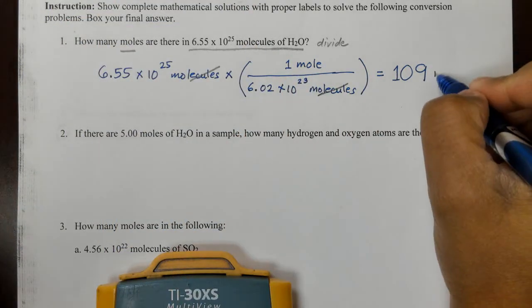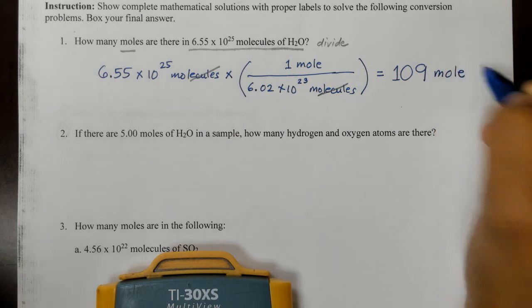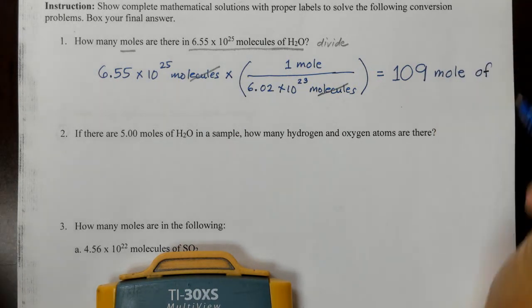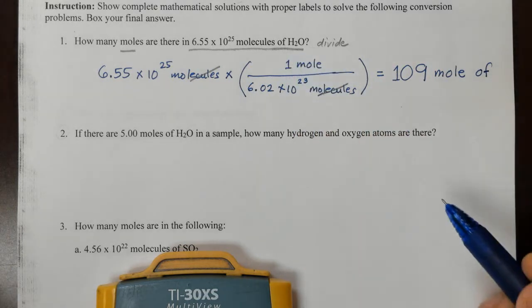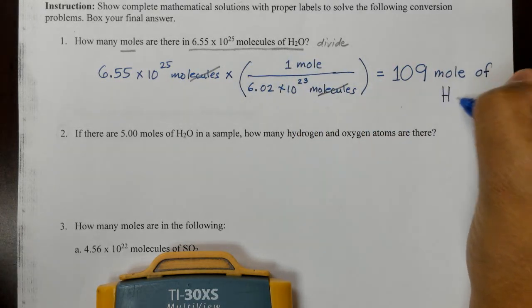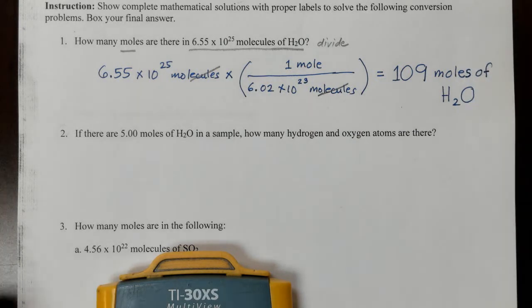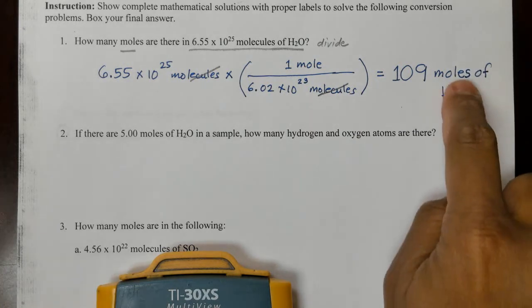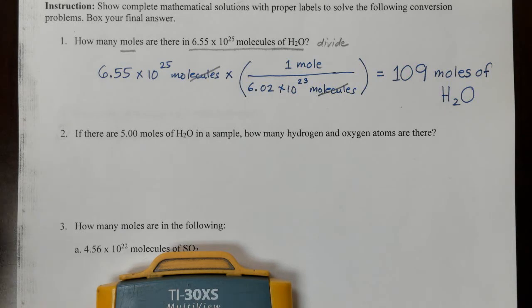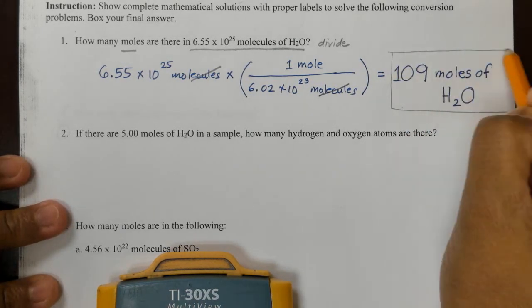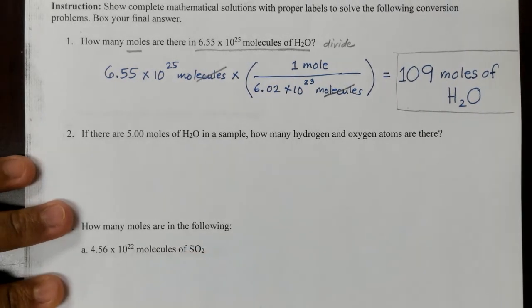Whatever is the remaining unit in our solution, that's going to be the final unit. And then we attach the substance. The substance is H2O, so that will be 109 moles. Oh, this one we can put an S because it's more than 1, so we can put moles there to make it plural. So the final answer is 109 moles of water.